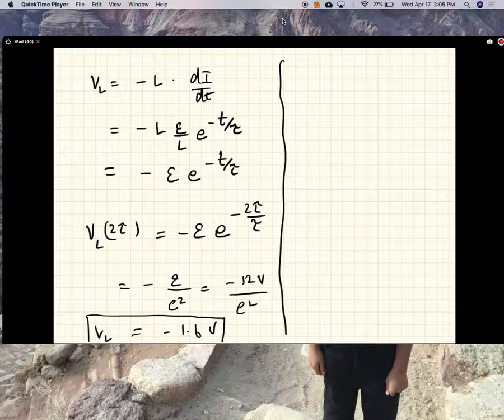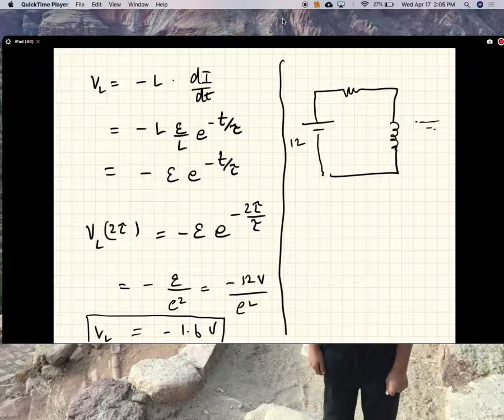And so let's make sure this makes sense. Like we said, this thing is working like that. This is a 12 volt source, and this is at t equal to 2 time constants. The voltage across this was 10.4 volts, and the voltage across this is 1.6 volts.